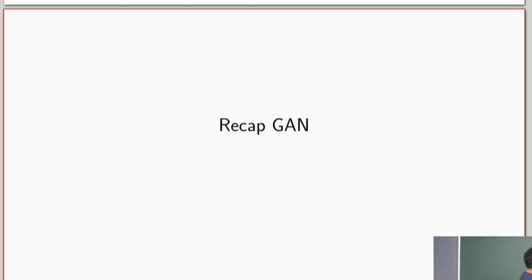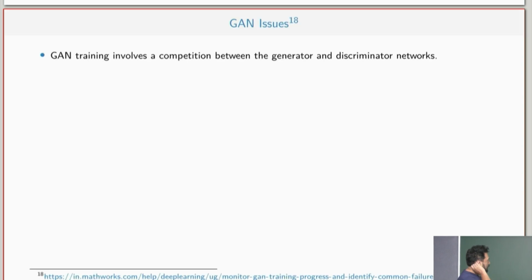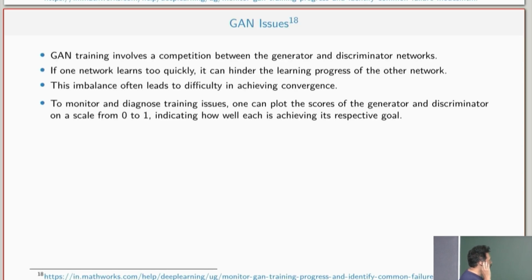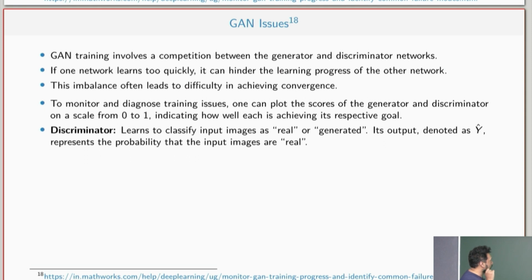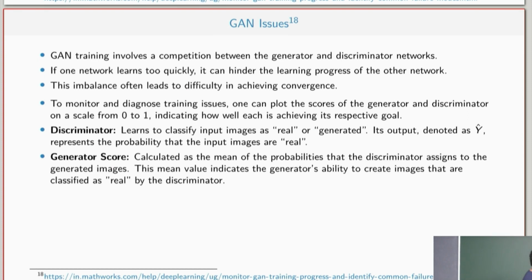Some of the issues that we may face with GAN. First, we recall quickly what GAN was. There is a discriminator that learns to classify between real and generated images, and there is a generator that tries to generate some image and learn the real distribution.